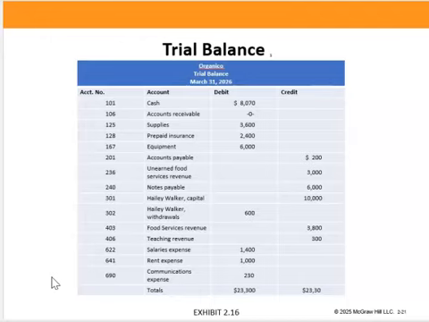Also, where I mentioned earlier an abnormal balance, if you looked at the trial balance and at all of the liabilities, and all of a sudden you saw, why does my notes payable have a debit balance?